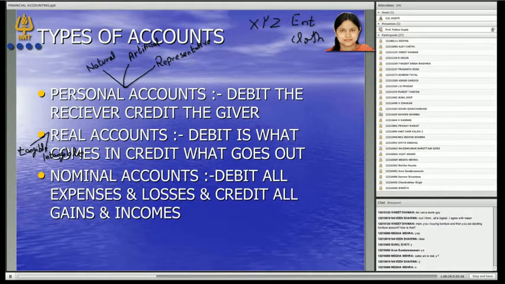Purchase is a real account. Amrit is a personal account. Goods are coming in, so debit what comes in. Purchase account debit, and who is the giver? Amrit. So purchase account debit to Amrit. Right, clear with everyone?